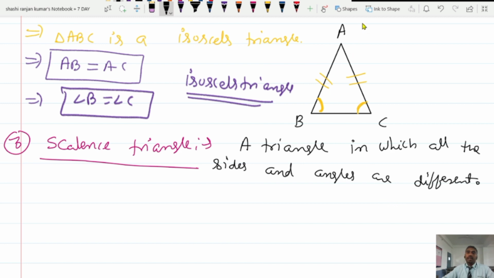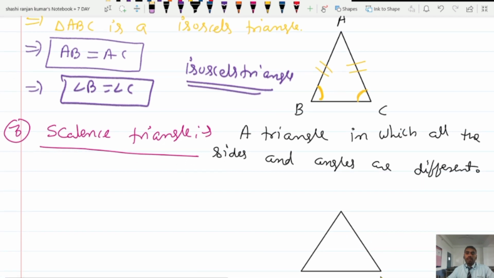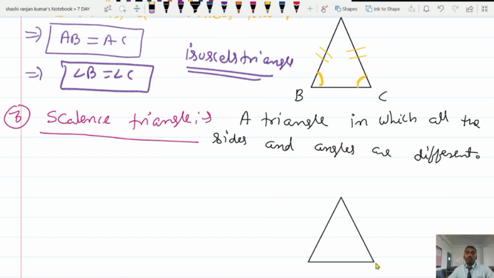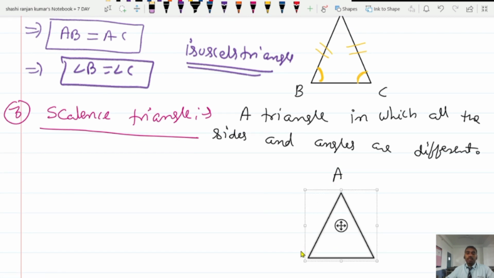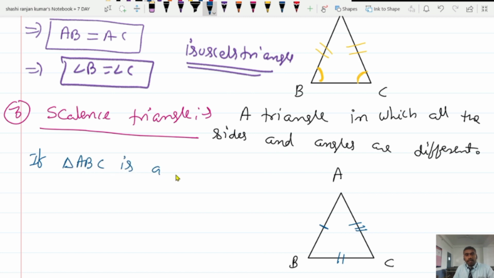Let us make a diagram here. Let us suppose this is the scalene triangle we have taken. This is point A, this is B, and this is C. In this triangle all the sides are different. This is one side, this is another side, and this is the other side. So triangle ABC is a scalene triangle.